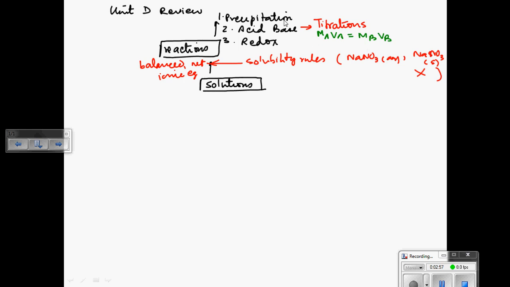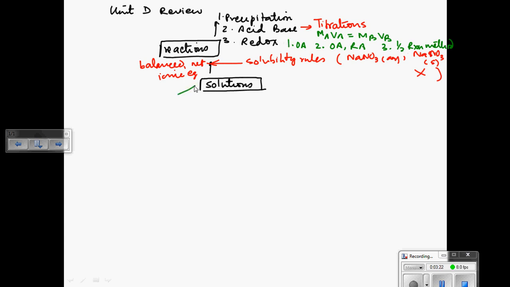And for redox titrations, you need to know oxidation states. You must know your oxidizing agents and reducing agents, and how we balance a redox reaction is using the half reaction method, where you balance the electrons that are given off by one half with the electrons that are accepted by the other half. I'm going to deal with it in Unit F.